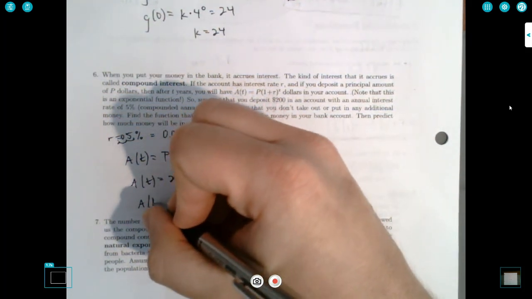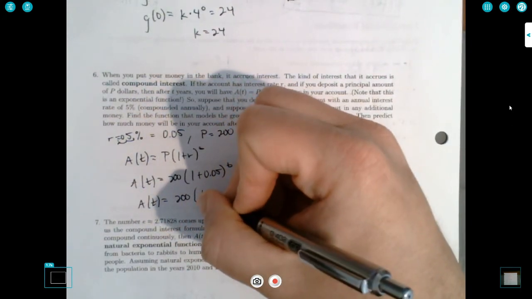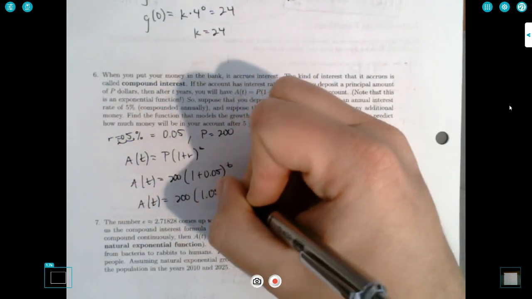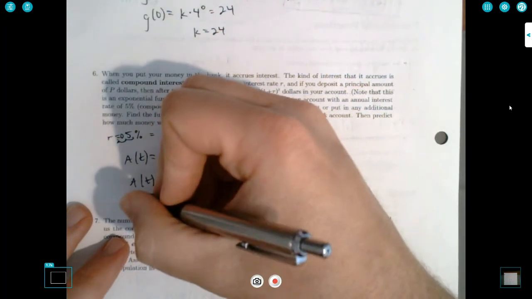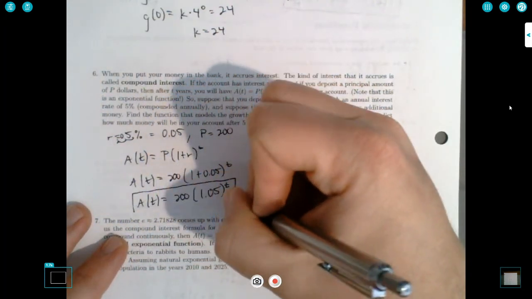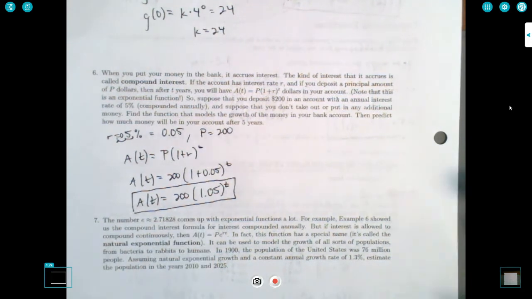So A of T is 200 times 1.05 to the T power. And there you go. We were supposed to find the function that models the growth. That's the function. This models the growth in your bank account, again assuming that you don't take anything out or put any additional money back in.